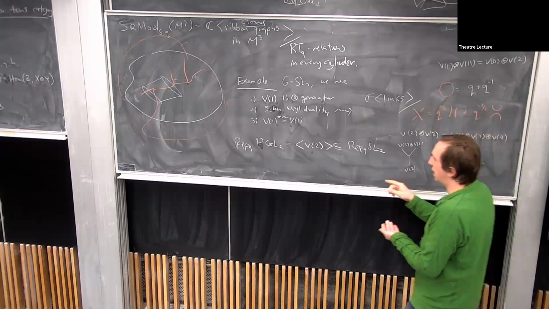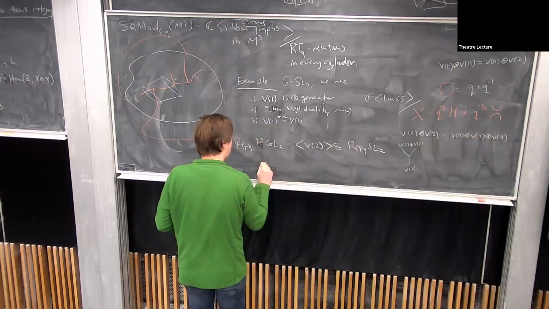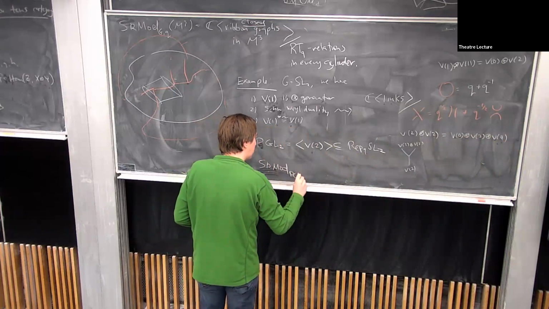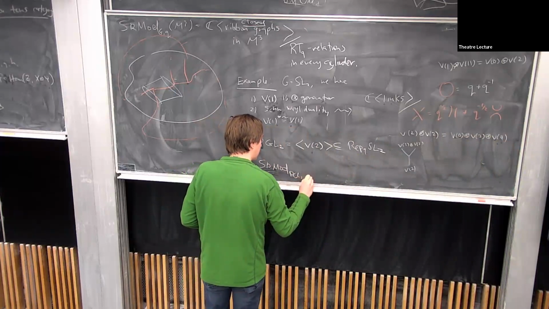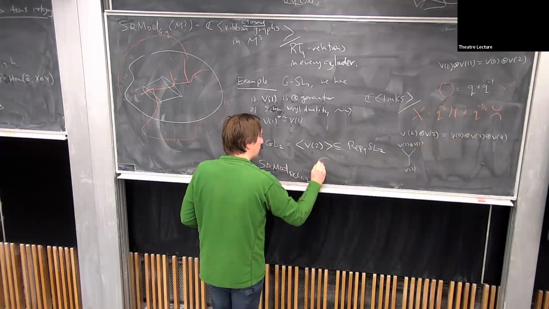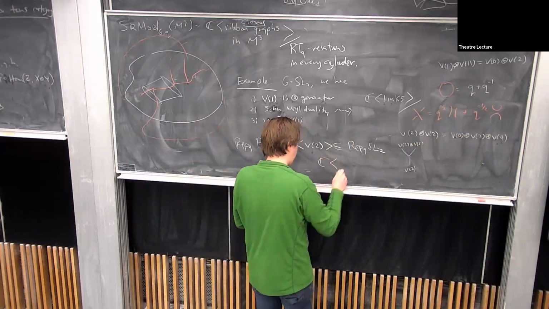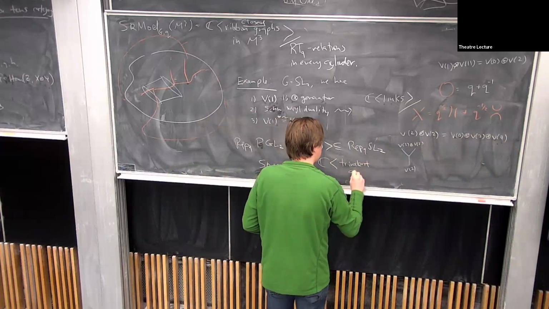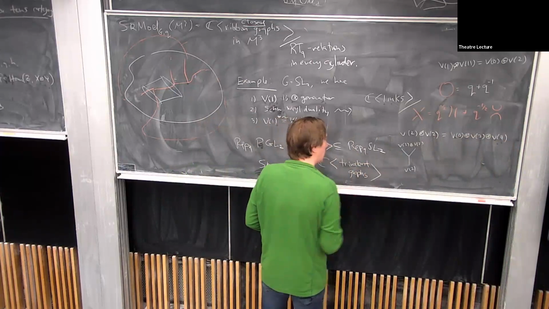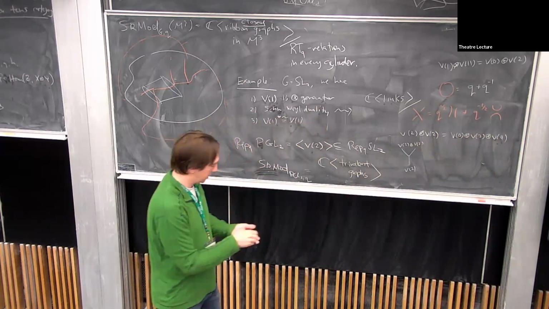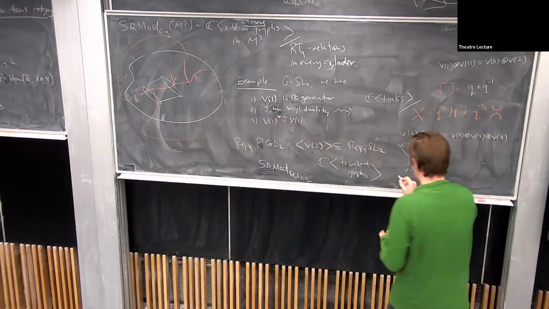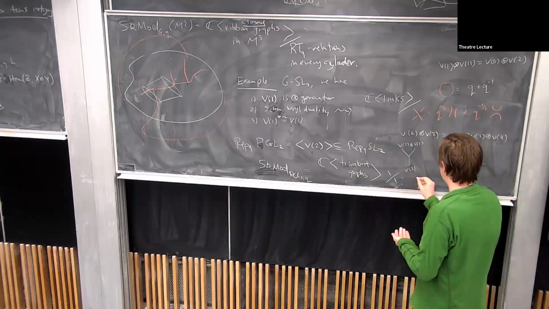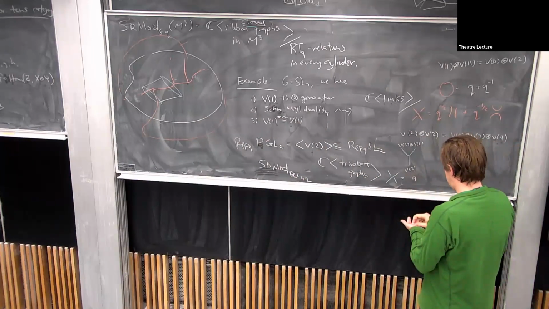And so the skein module for PGL2 with parameter q is the span of trivalent graphs modulo, again, some local relations. Those ones look like this. If I ever have a crossing, I can resolve it, but I get three terms.